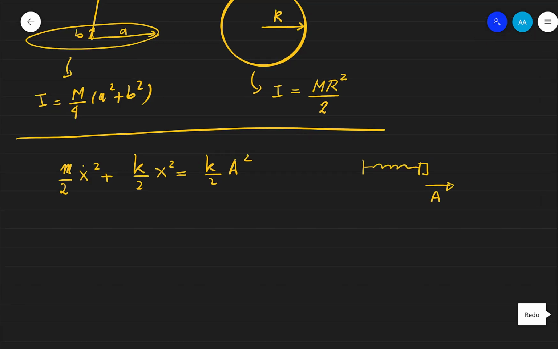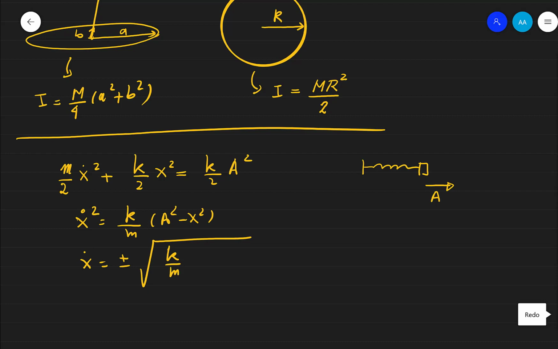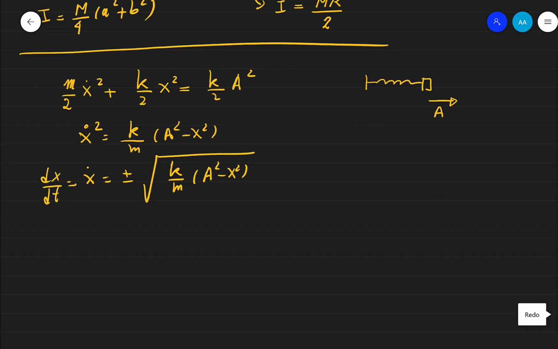From here, we can obtain x dot. x dot can be both positive and negative for the motion in this direction or in this direction. Then the period of oscillation T is equal to 4 times the integral.